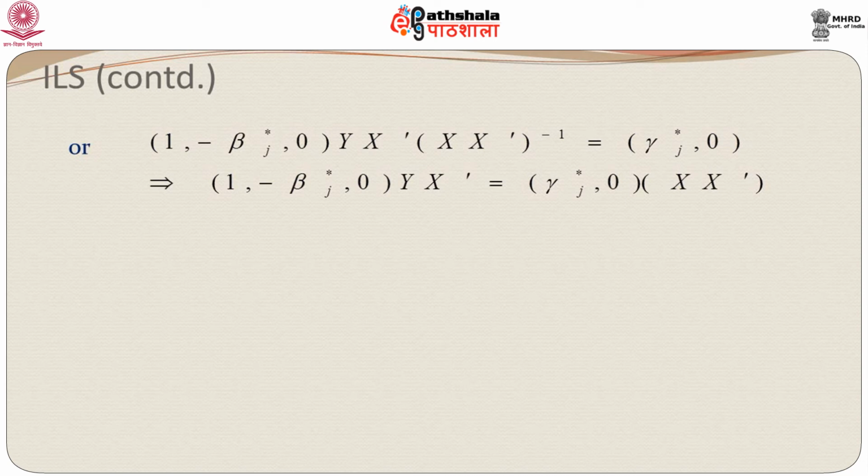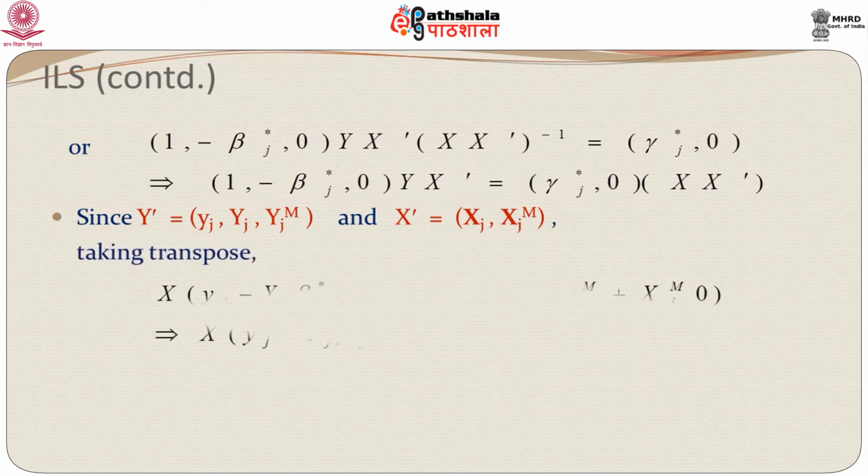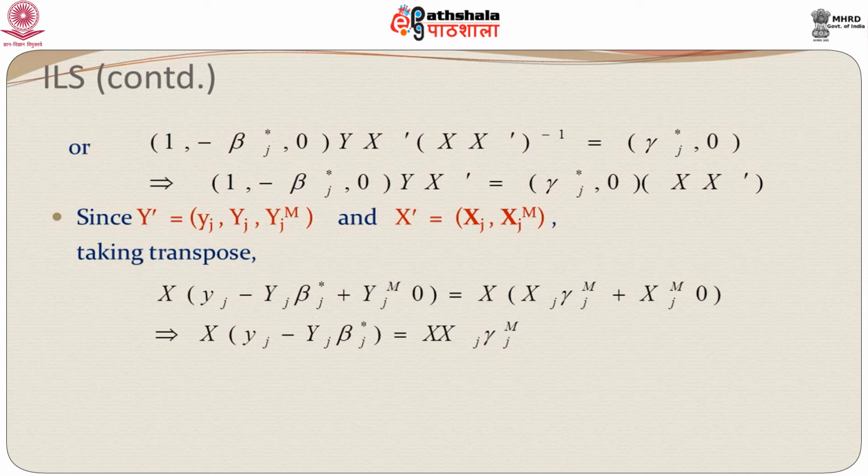So, we have (1 minus beta j star 0) y x prime on the left hand side, gamma j star 0 x x prime on the right hand side. Now, remember that y is composed of 3 components, y, yj, yjm, and x of xj and xjm. So, on taking transpose, if we bring x first, then we can write this as x into yj minus x yj beta j star yj m 0, and similarly for the right hand side.